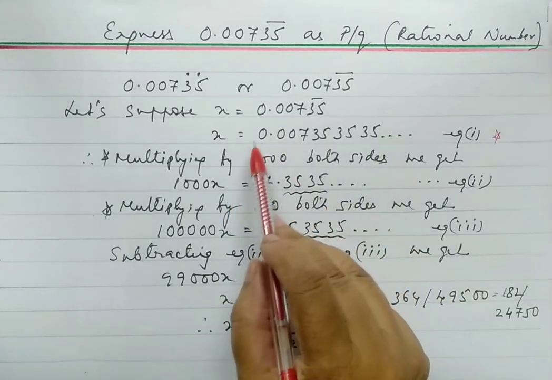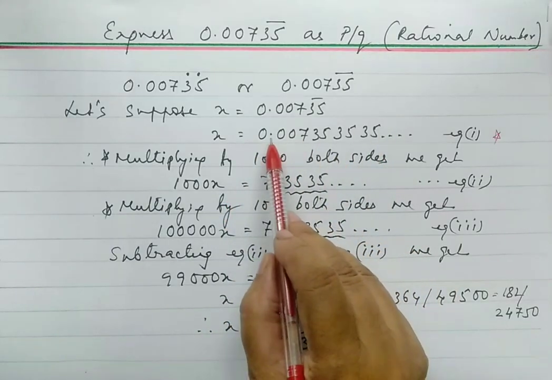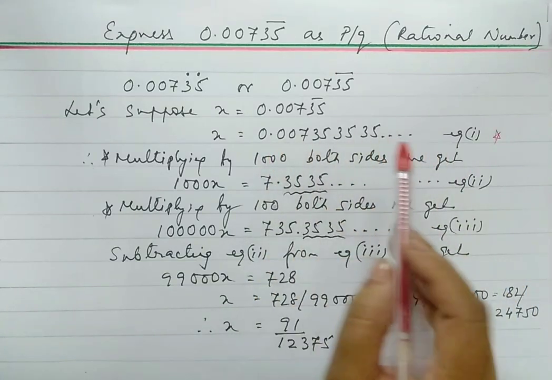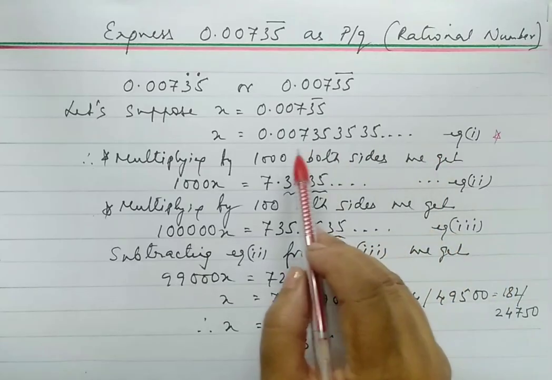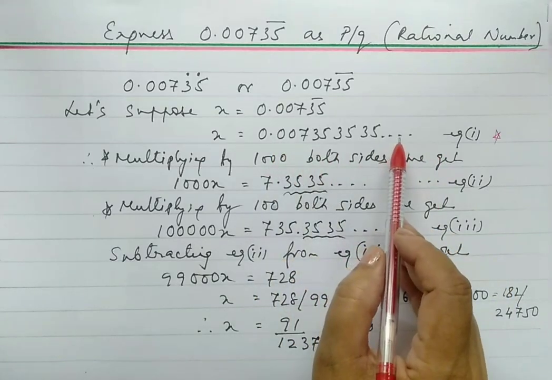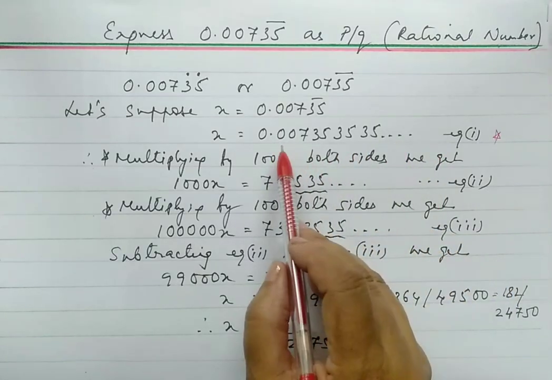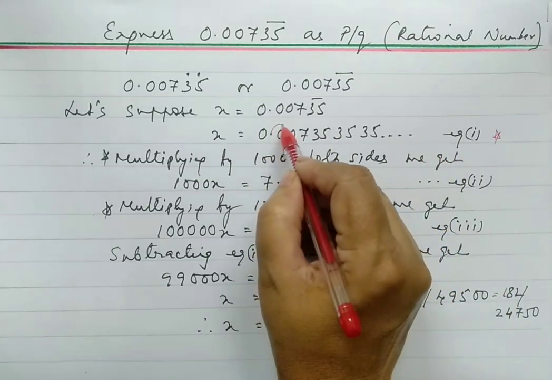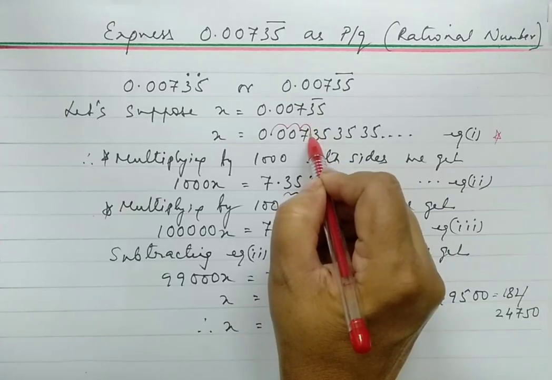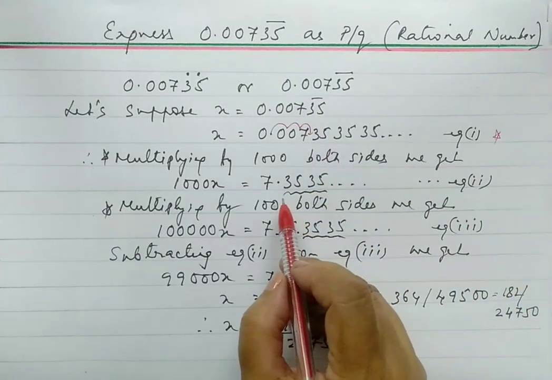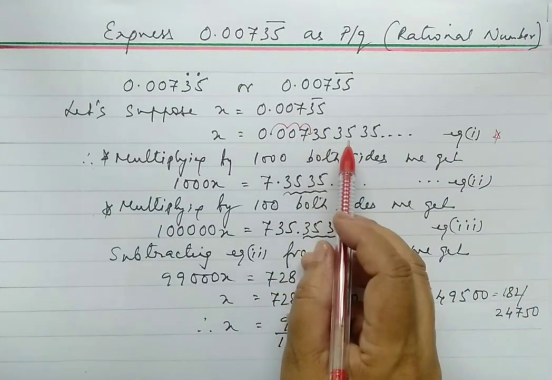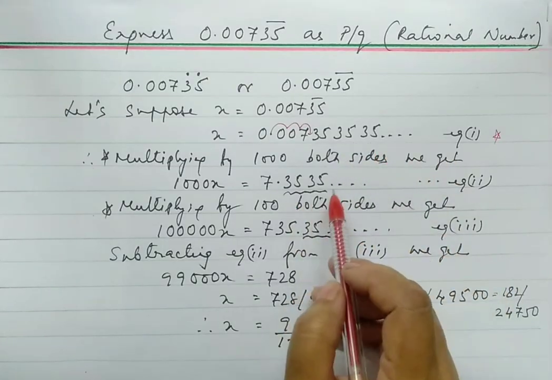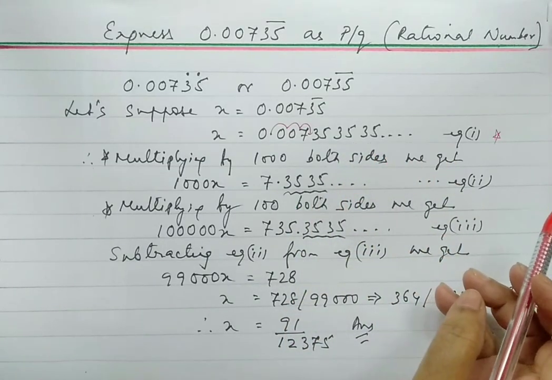And 1,000 times this is, we have the decimal shift to the right hand side. The number becomes bigger, as you know, in multiplication; it becomes bigger by 1,000 times. As a result, this 0 will shift from here and come to this point, which I have shown here, 7.3535. You may not necessarily write another 35, it's fine.